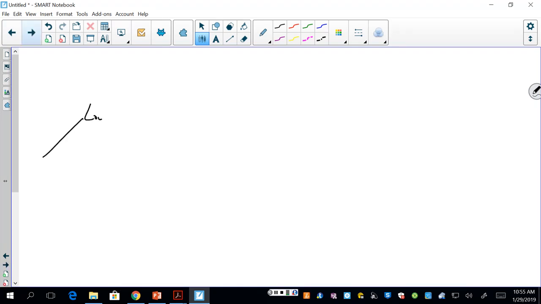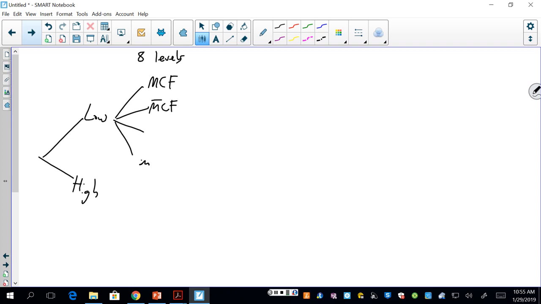To connect it to what we've done before, there are the low-high responses, and then there really are 8 different levels depending on the combinations of M, C, and F. There's really 8 levels of these 2x2 responses.